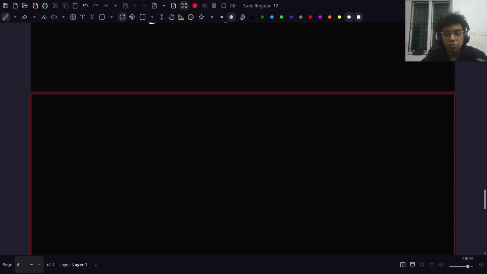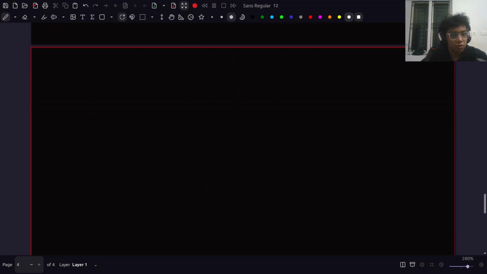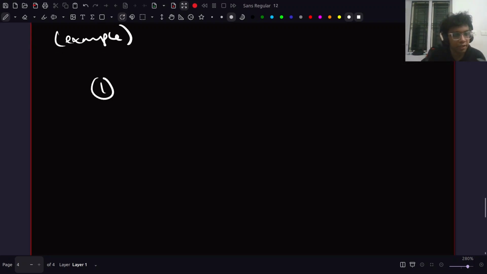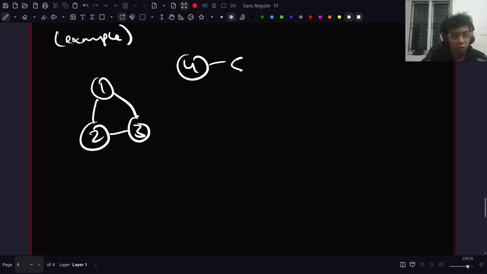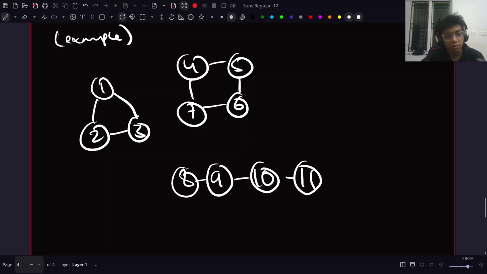Okay, so let me give you a quick example for this. Let's make a few cycle cases first. Let's say we have 1 2 3 and 4 5 6 7, right? Then we have, let's say, 8 9 10 11, and maybe 12 13 14, right?